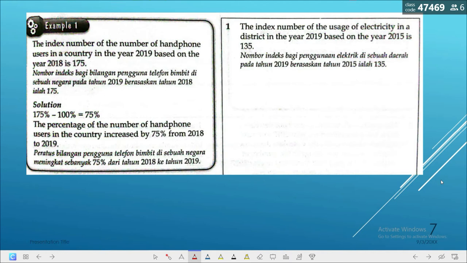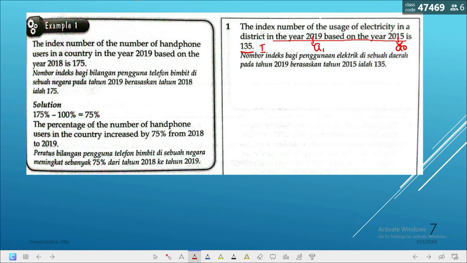Okay, so I show you the next example. For this one, I only ask you to interpret. I give you the statement here: the index number of the usage of electricity in the district in the year 2019, based on the year 2015. So 2015 is the base, which is Q0, this one should be Q1, and this one is the index.